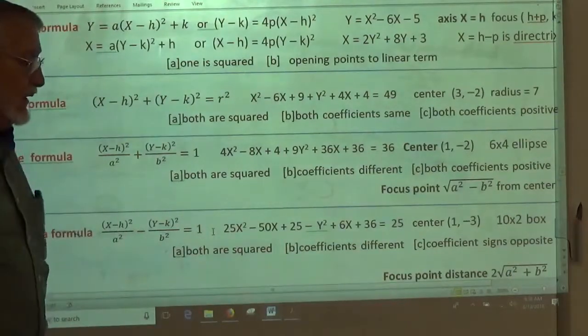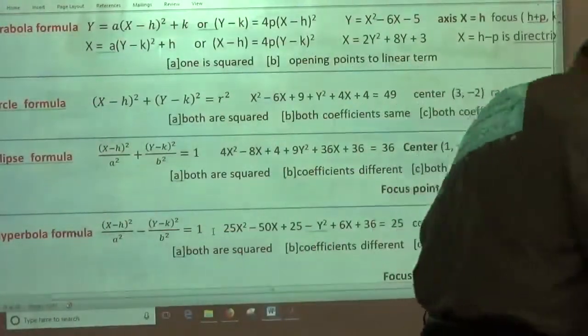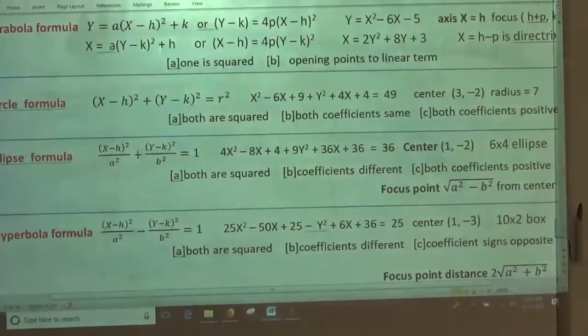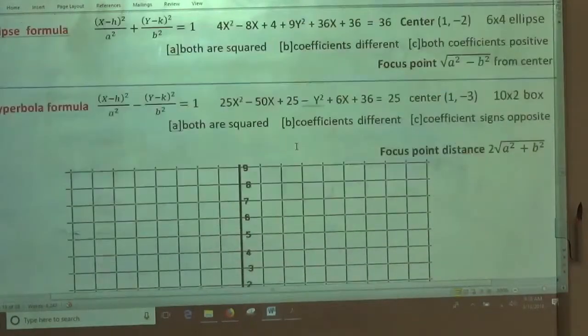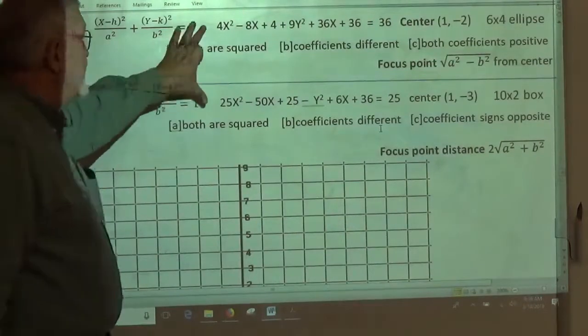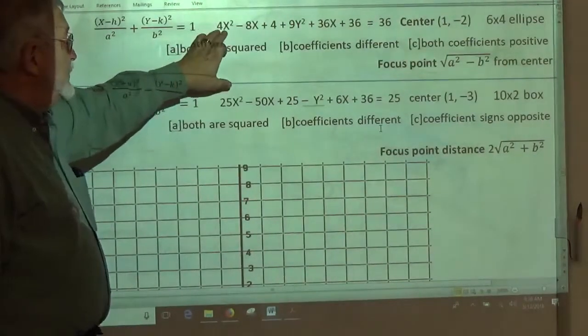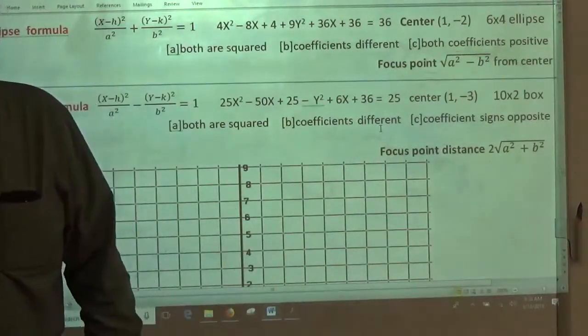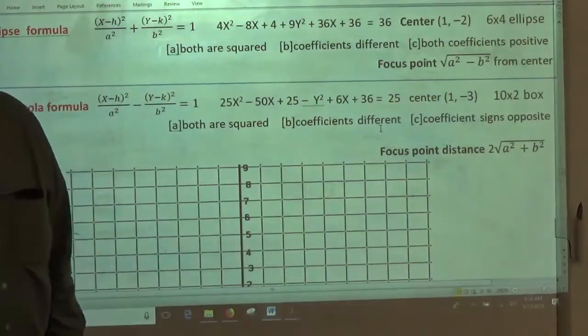Now, the ellipse and the hyperbola are also squares. Right? Both of them have differing x's and y's as far as the square. You notice this has 4 and this has 9. Because they're not the same, it can't be a circle. Right?